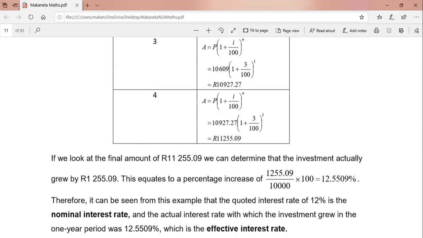to get 0.03, and you add 1 to get 1.03. And if you multiply 1.03 by 10,927 rands and 27 cents, you will definitely get the correct answer there, which will be 11,255 rands and 9 cents.